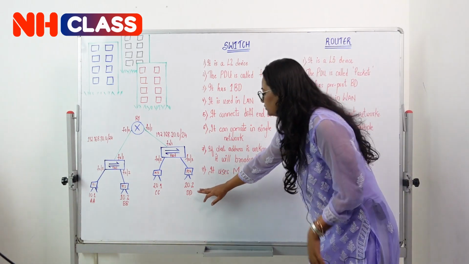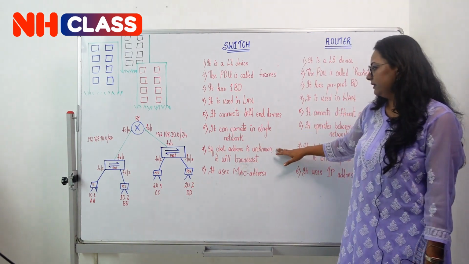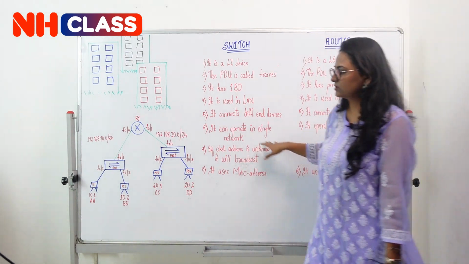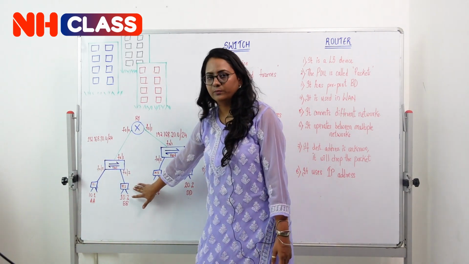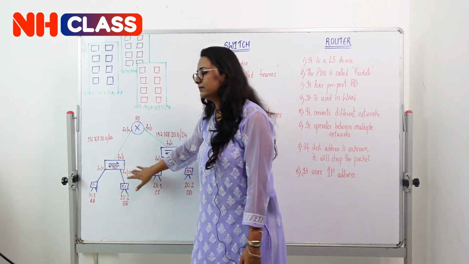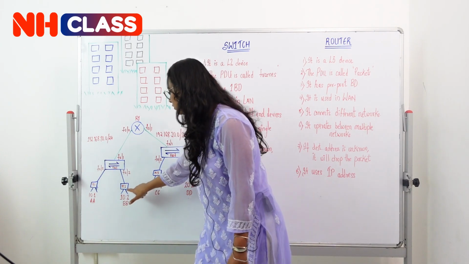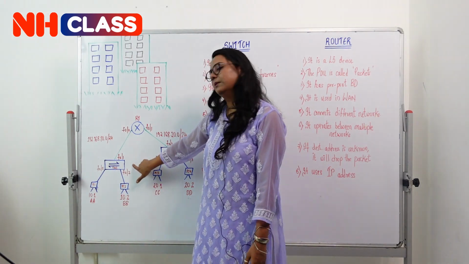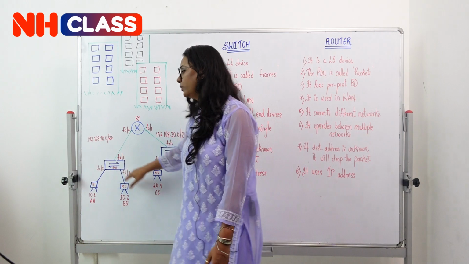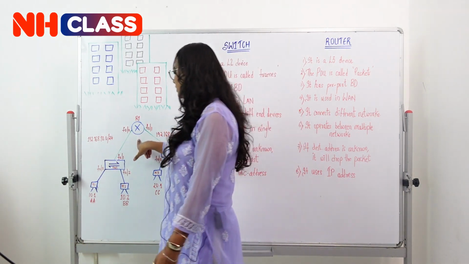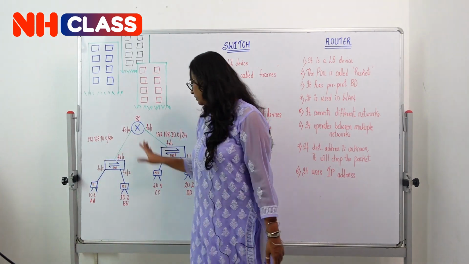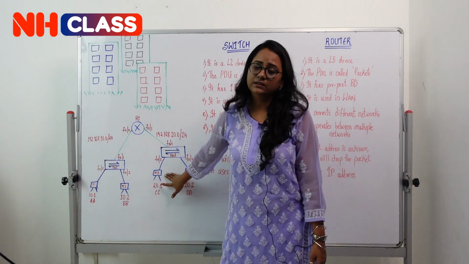When it comes to switches, suppose PC1 is sending a packet to PC2. If the destination MAC address is unknown, the basic mechanism of the switch is that it will broadcast to the whole network. When it comes to a router, suppose PC1 wants to connect with PC3, which is on another network.